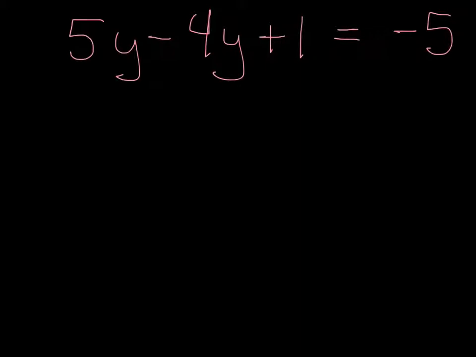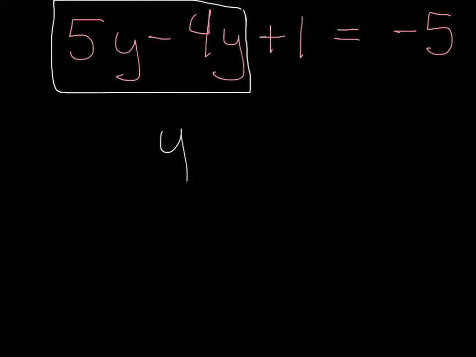And step 1, remember, is we got to combine like terms. So we need to focus right now on this right here. 5 yo-yos minus 4 yo-yos equals 1 yo-yo, or just y, right?